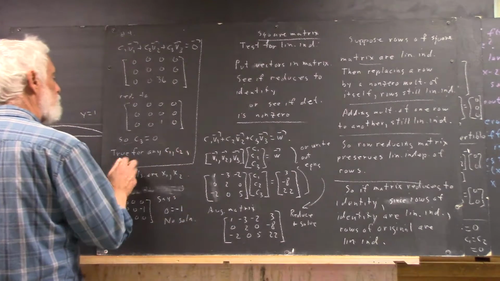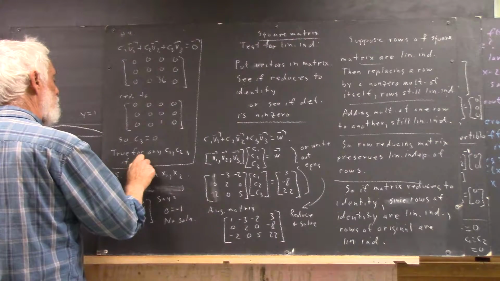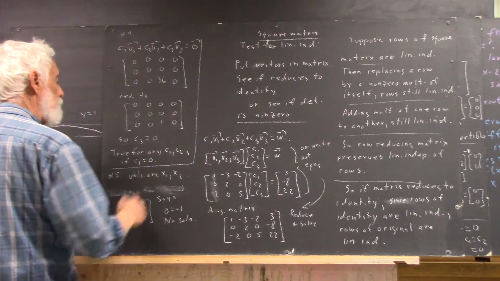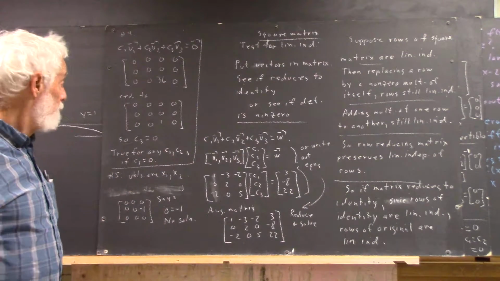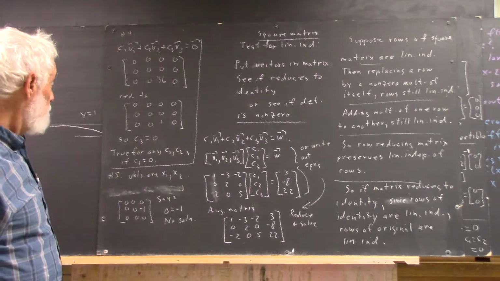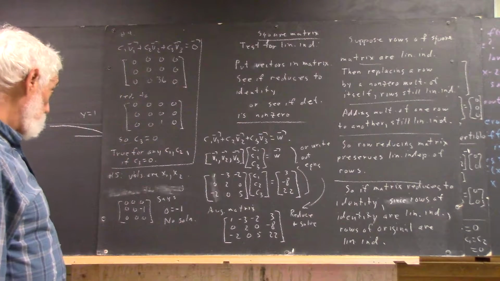So it's true for any C1 and C2, and I should have said if C3 equals 0, because if C3 doesn't equal 0, it's not true. Okay, because obviously this equation says C3 equals 0.